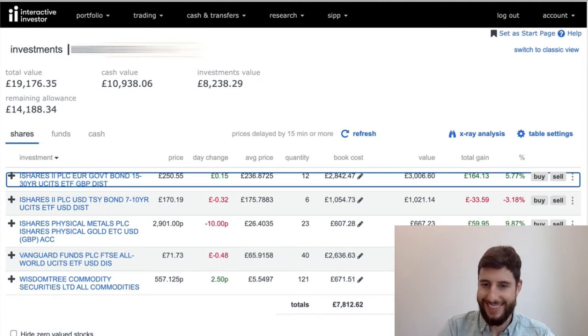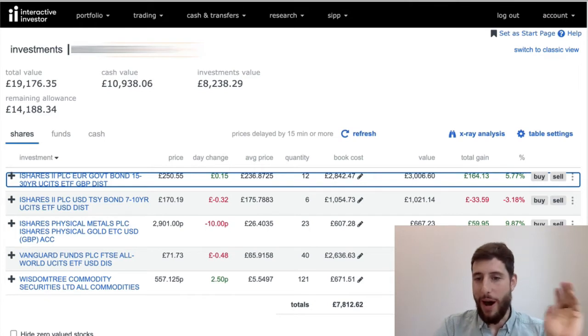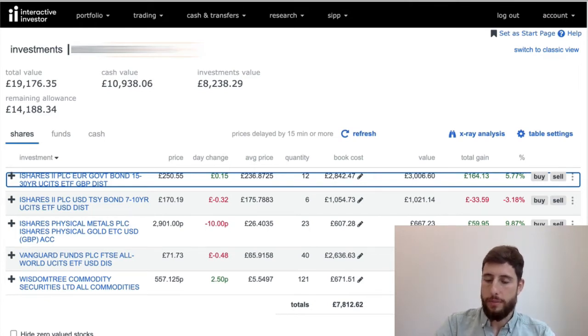If that makes sense. Is that a word? Did I just make up oppositely? Okay, but opposite related. And that means that if one goes up, the other one may go down. Or if one goes up, the other one will do something completely different because it's not connected to it. Okay? So this is what we would kind of expect. Some go down, some go up, but overall it goes up.